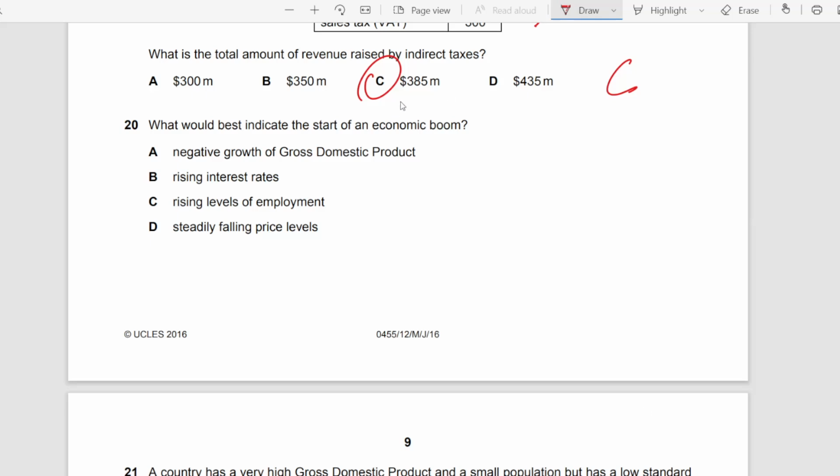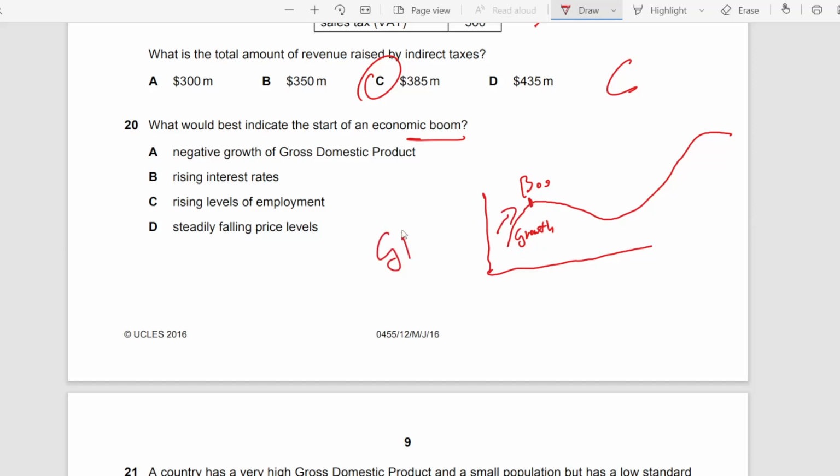Look, when there's a boom, you have to understand that there are economic cycles like this. There's growth, boom, recession, slump, and then there's growth, boom, recession, slump. So this phase is growth when the economy is growing. Let's say this is your GDP.